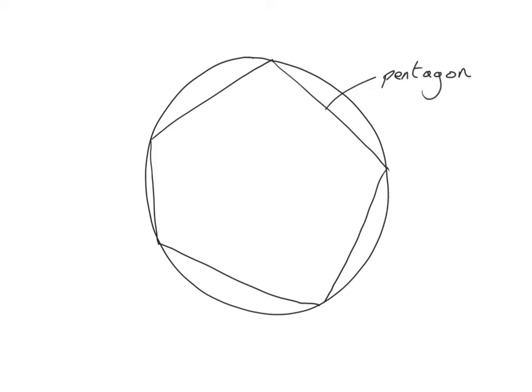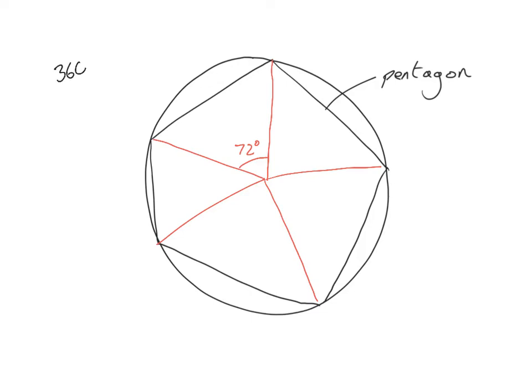If we take the pentagon and we join its vertices to the center of the circle, then they divide it into 72 degrees, because 360 divided by 5 is 72.